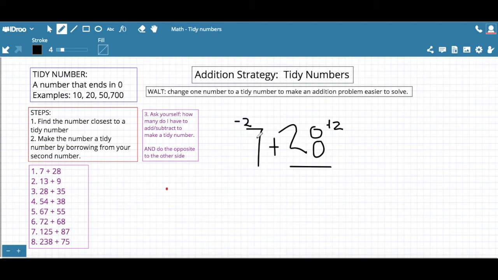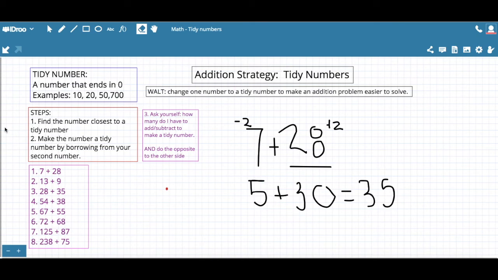So that gives us our new problem of 7 take away 2, 5, plus 28 plus 2, 30. Now, 5 plus 30, that one's nice and easy. That equals 35. Hopefully you got that one right, and I will record the answers as well.